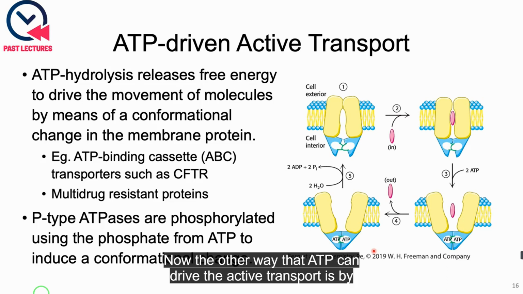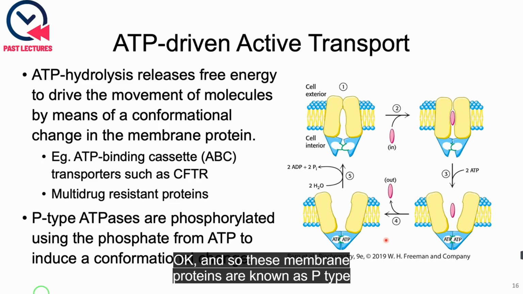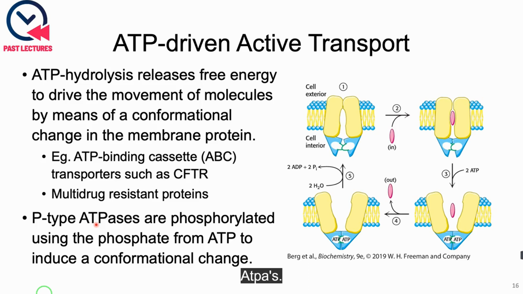Now, the other way that ATP can drive the active transport is by donating a phosphate, and that phosphorylated amino acid side chain is going to change the conformation of the entire molecule and allow for the substance or the ion to be transported across the cell. Okay, and so these membrane proteins are known as P-type ATPases.